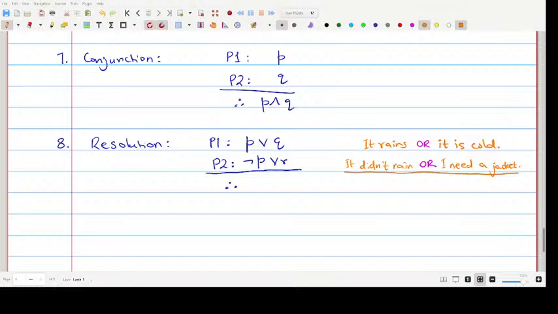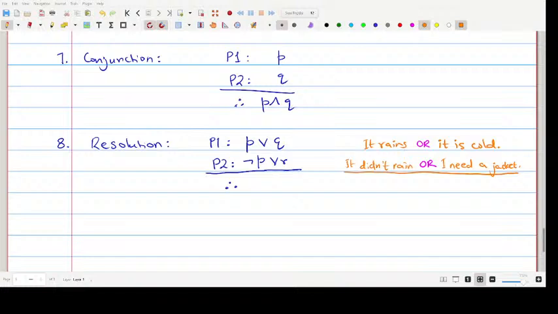They cancel each other in some sense, right? It rains or it is cold, and it didn't rain or I need a jacket, so it rains and it didn't rain. That brings a lot of confusion into the scenario, and the truth value of that becomes false, right? Since that's a false statement, we ignore that, and then we consider the parts saying that it is cold, and that I need a jacket.